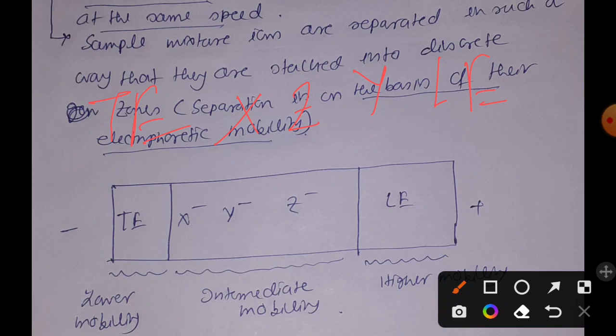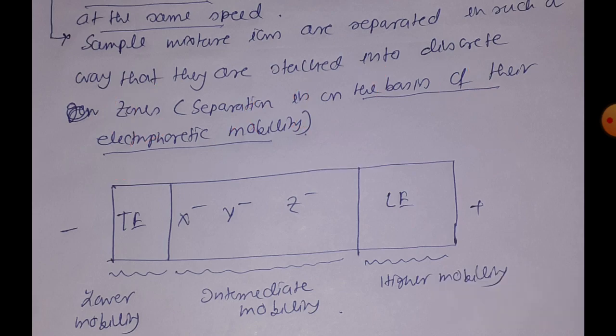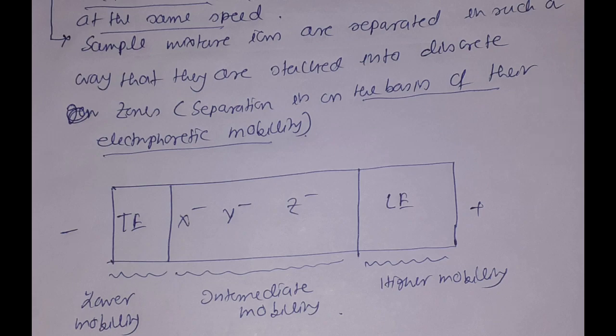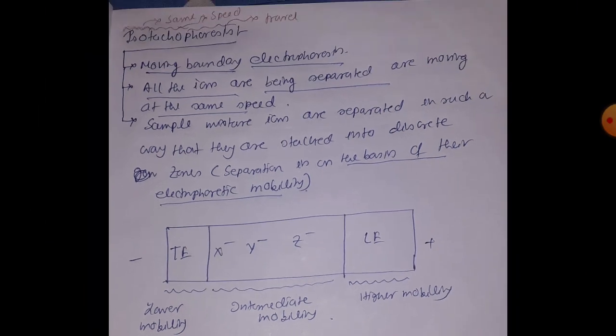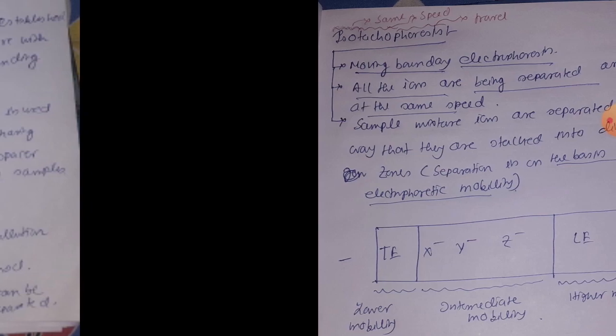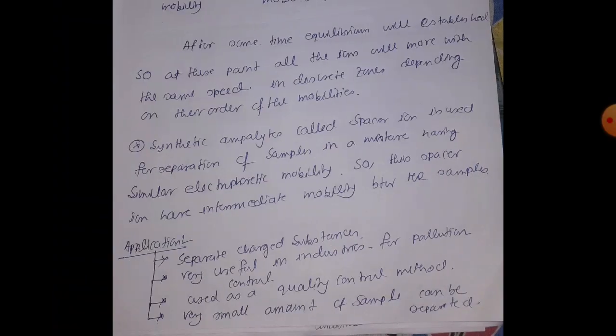Our sample will keep moving until we switch off the current. As you can see, as a result of separation, all the ions or samples are stacked into discrete zones that can be easily distinguished, right? That is how, on the basis of their differences in electrophoretic mobility, we separate samples.